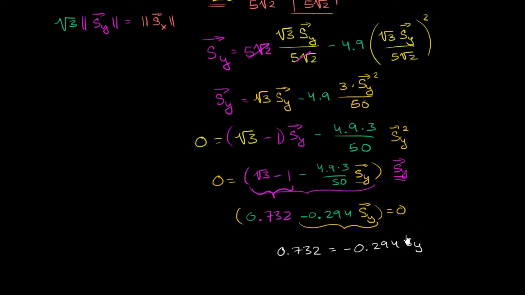We are in the home stretch. We divide both sides by negative 0.29, oh, sorry, this will now be positive. I almost made a careless mistake after 16 minutes of video. So now we divide both sides by 0.294, and we get our vertical displacement.